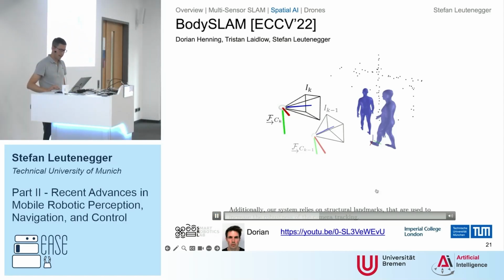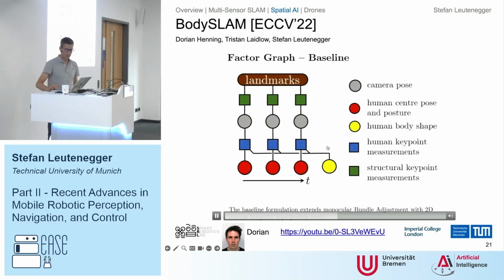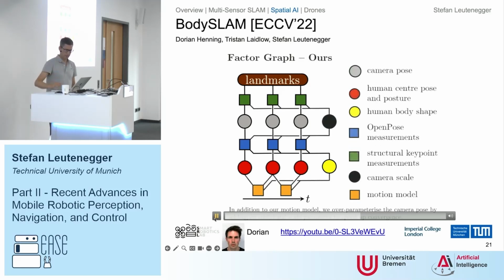And we can combine that together into, again, an optimization problem that now optimizes over reprojection errors, as well as taking into account the human motion model and the observations of the humans.